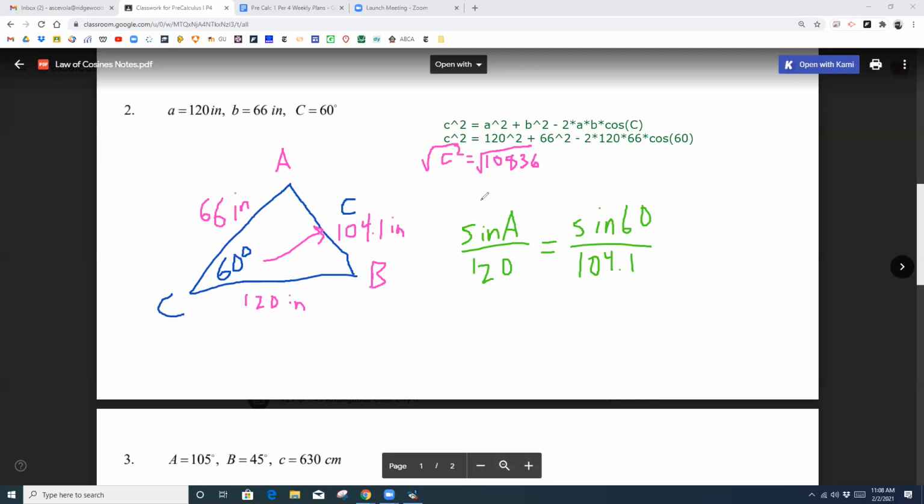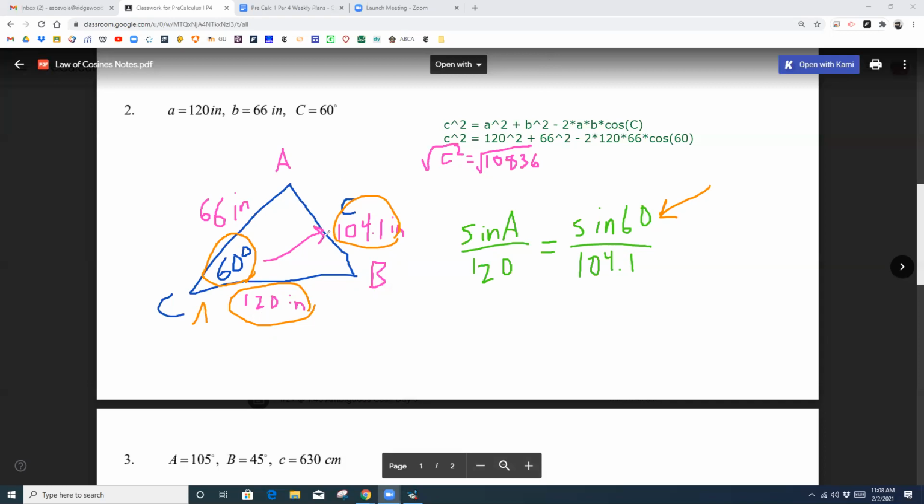The reason is that when we set it up like this, we're using angle A, which we don't know, and we're using 120, 104, and 60. So we are completely ignoring that this side is 66. We're not using 66 in this equation. If you look at that, that's SSA, the ambiguous case, and we know that with the ambiguous case, there could be two triangles.